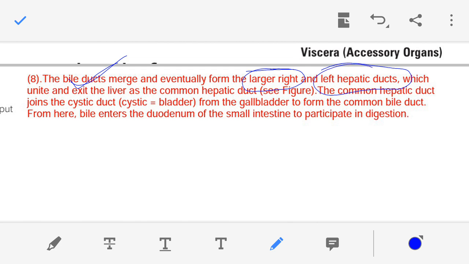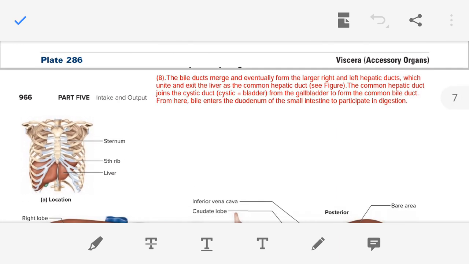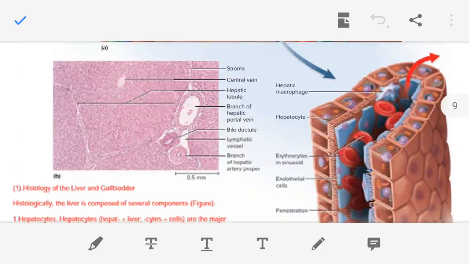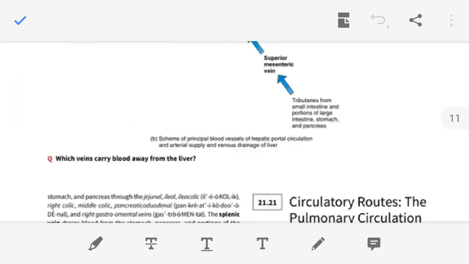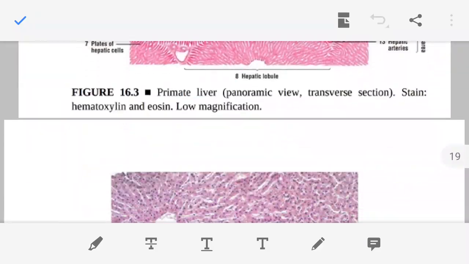Now you read this point, and we have already discussed this point when we were studying the histology of the pancreas. In that lecture I had explained it, but today in this lecture also I am explaining this point. With the figure we can easily understand this 8th point.